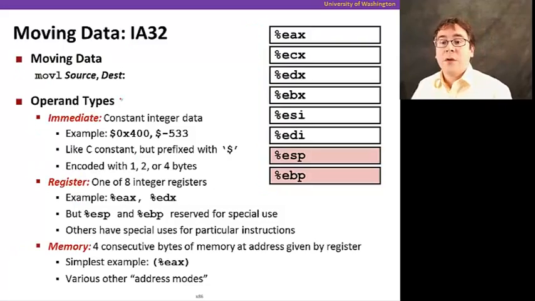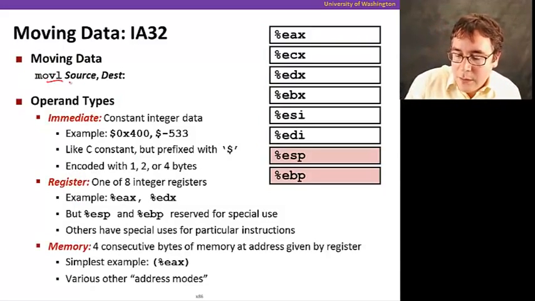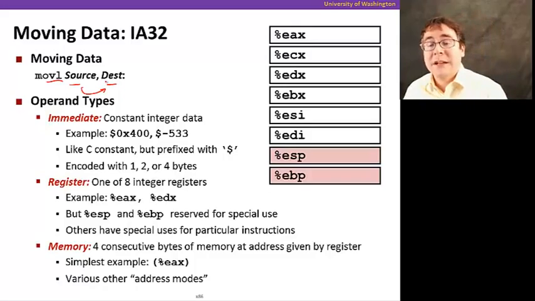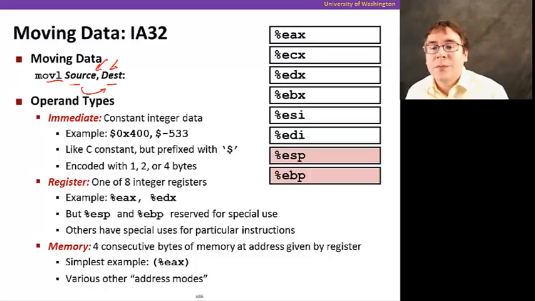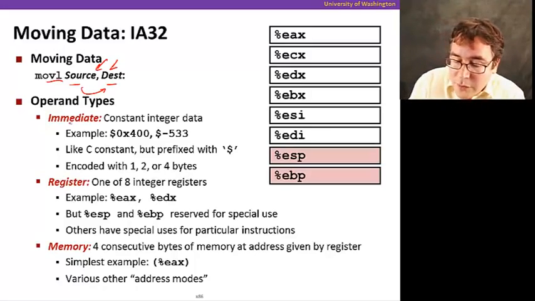Now let's look at the specific instructions. movl source, destination moves data from the source to the destination. These are operands: the source operand and the destination operand. Here are the types of operands that you could have in a move instruction. The first one is called immediate.